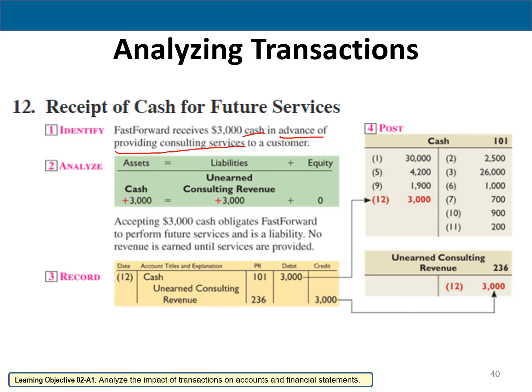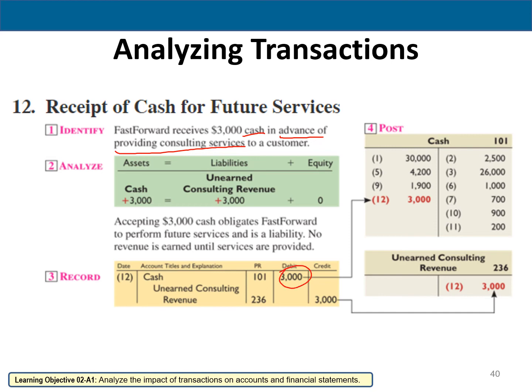So our cash account is going up, right? We received $3,000. And then our unearned consulting revenue is also going up. It's a liability, but our liability is increasing until we provide those services. So in order to increase our cash account, our cash asset account, do we debit or do we credit?